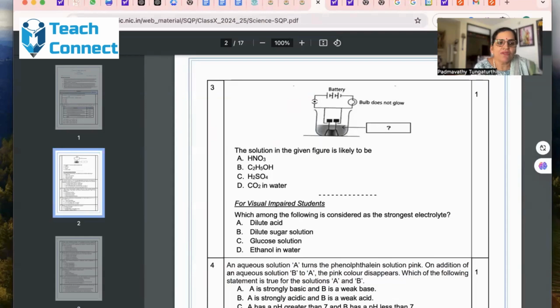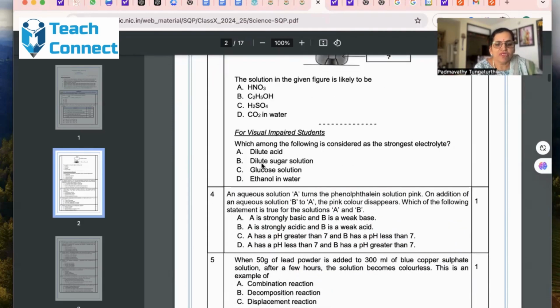When the bulb does not glow, it means the electrolyte does not form ions. Obviously, that is ethyl alcohol, which does not form any ions. Because if it formed ions in the solution, then obviously the bulb would glow. This question is there for visually impaired students too.